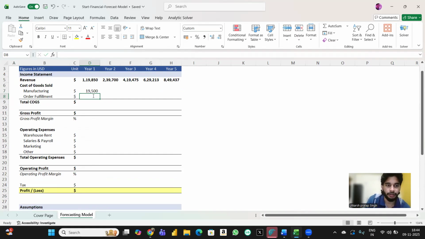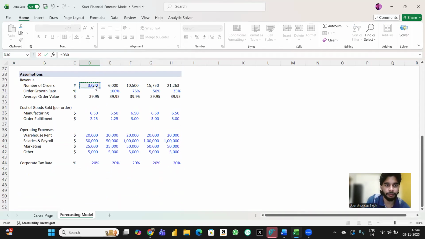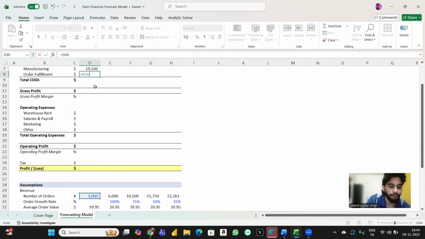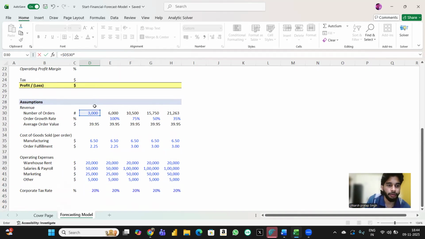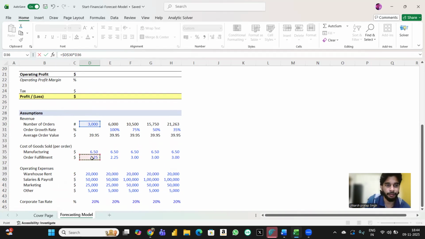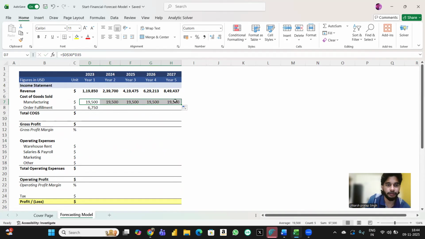The same goes for this: equals 3,000 function F4 into the order fulfillment rate. For this, we get the cost of order fulfillment for each year. We are going to just drag this down here.